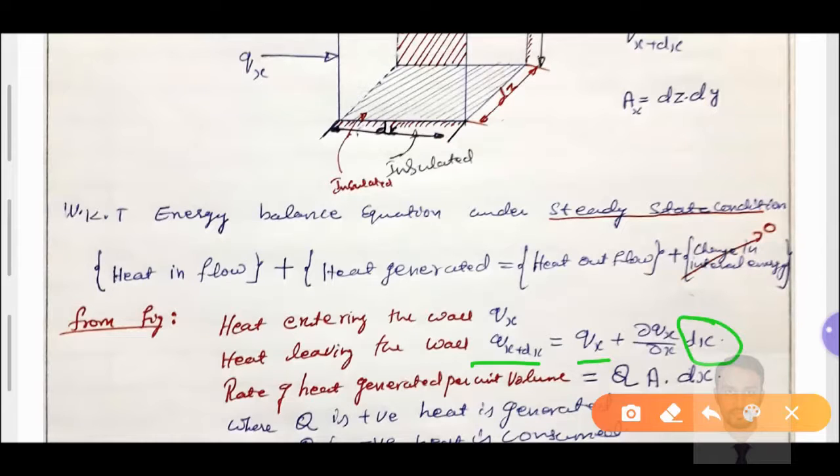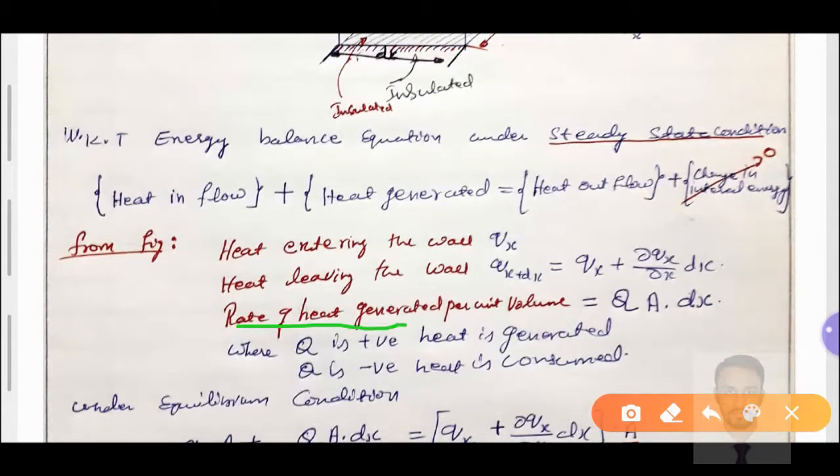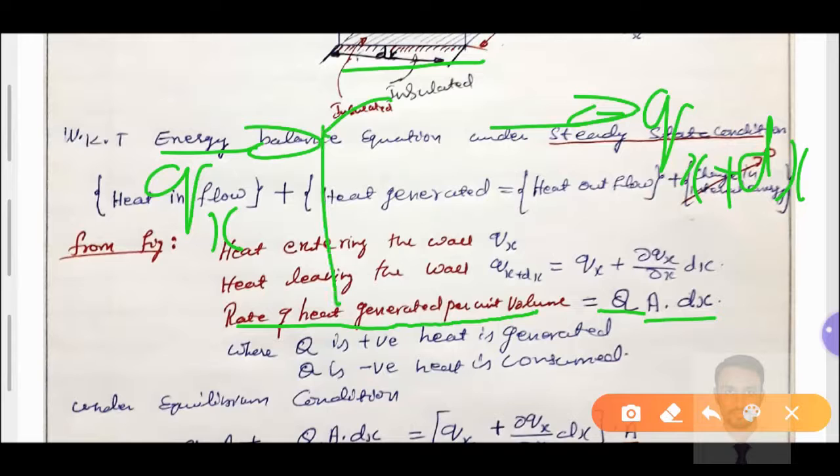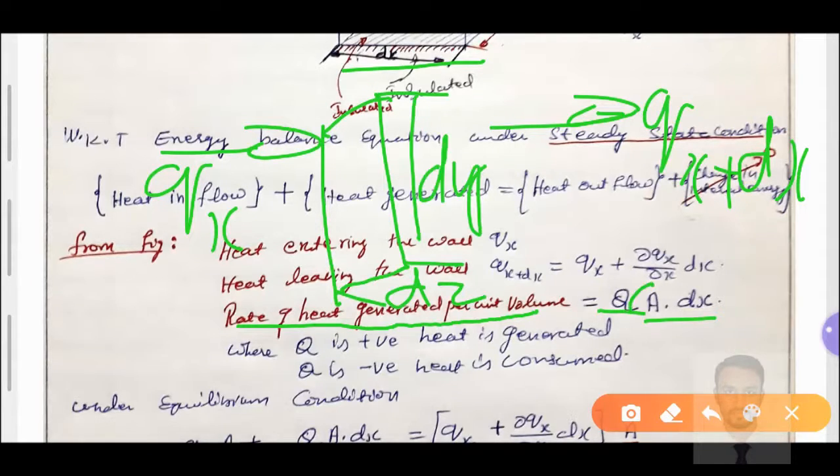We have that q of x plus dx is equal to q of x plus dou qx by dou x times dx. Then the rate of heat generated per unit volume, this is the volume we have shown in the figure, is equal to capital Q into A into dx, where we are considering the flow of heat along the x direction. Heat enters as q of x and leaves as q of x plus dx, which requires the area dz and dy, the area of cross section.